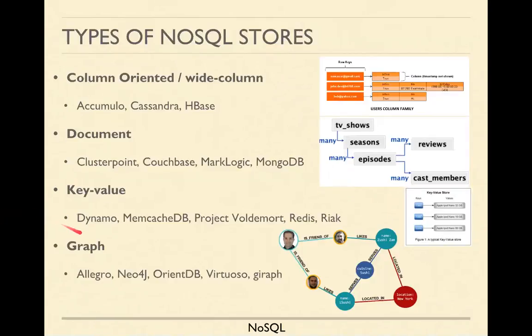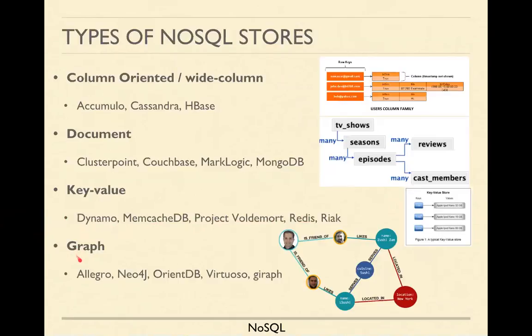After that they worked hard and created this Dynamo data store. It was nothing but a distributed hash table, meaning a hash table saved on many machines parallelly. That was Dynamo. And on the same line, Memcache DB, Redis, and all these other data stores are also similar to that.